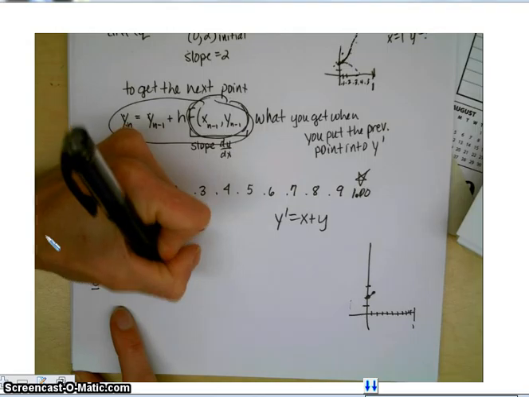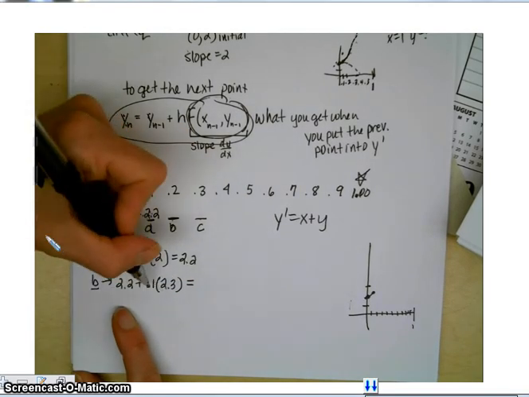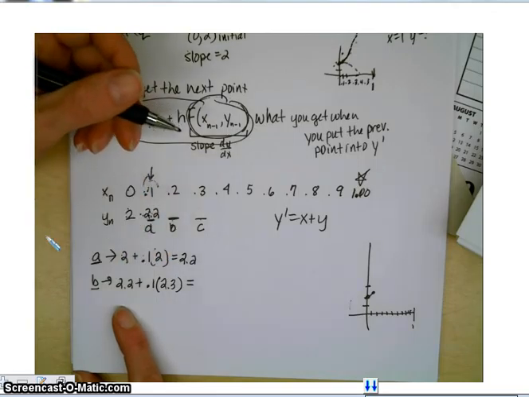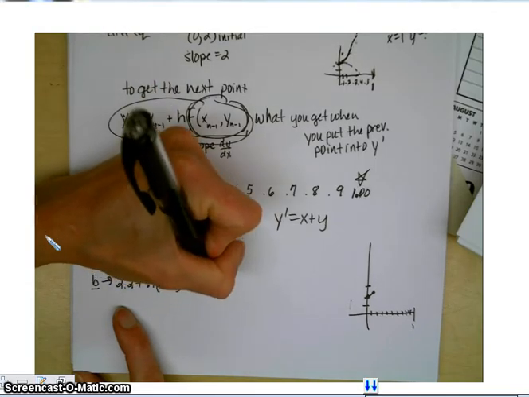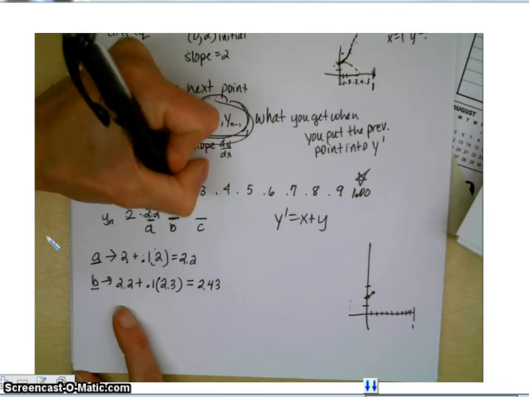So now I get my calculator out, and this is so calculator tedious, it's not fun. So get something out, tell me what 0.1 times 2.3 plus 2.2 is. 2.43. Okay, so now I know my next y value, 2.43.